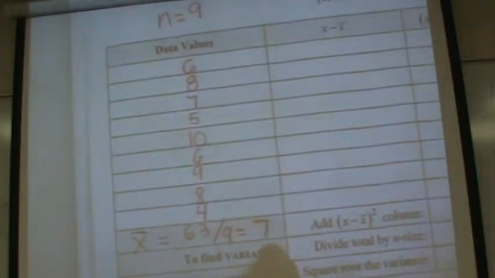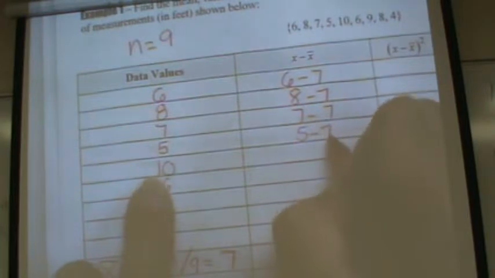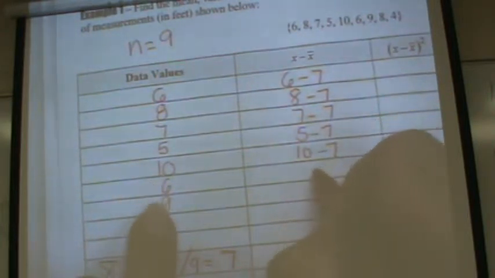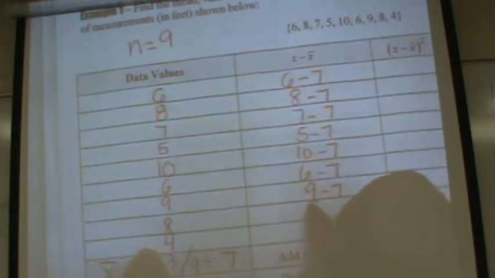So you need the average. Now, if this is the average, you're gonna take each of these data values and subtract that average from it. So 6 minus 7, 8 minus 7, 7 minus 7, 5 minus 7, 10 minus 7, 6 minus 7, 9 minus 7, 8 minus 7, and 4 minus 7.